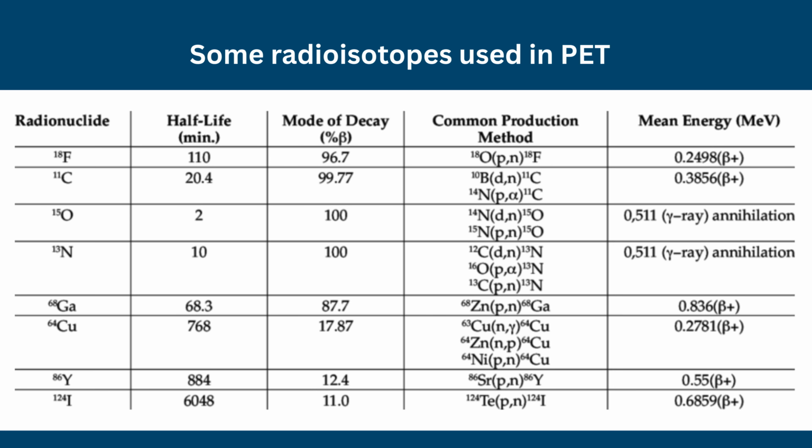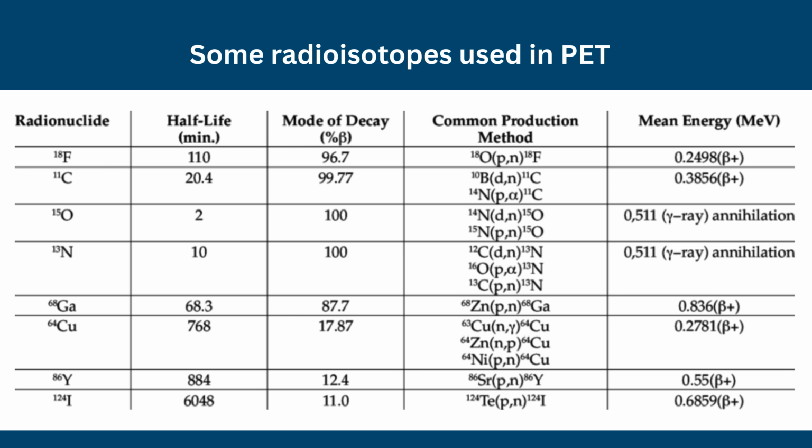Other short-lived isotopes include nitrogen-13 and oxygen-15, with half-lives of approximately 10 minutes and 2 minutes, respectively, which are primarily used in specialized physiological studies such as myocardial perfusion and cerebral blood flow imaging.